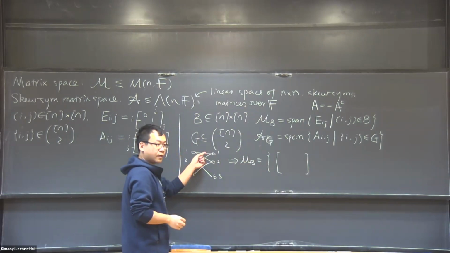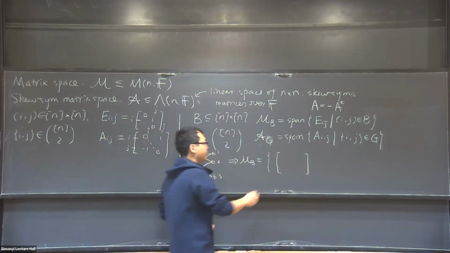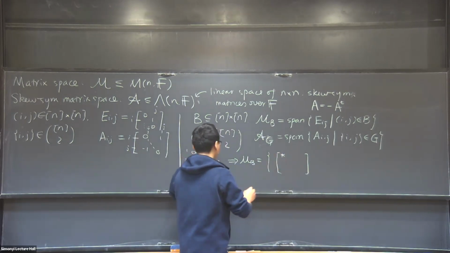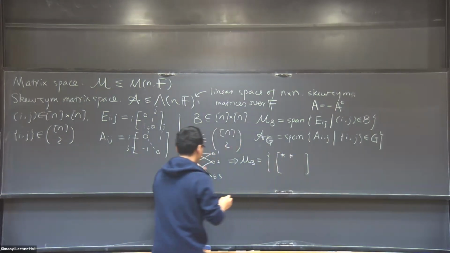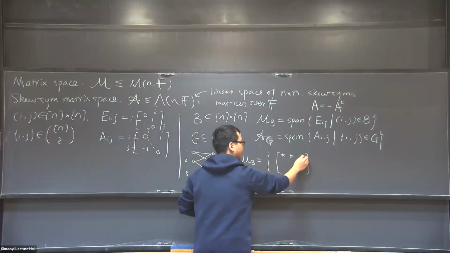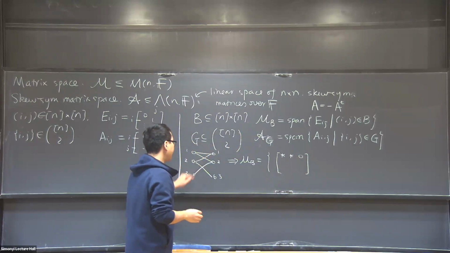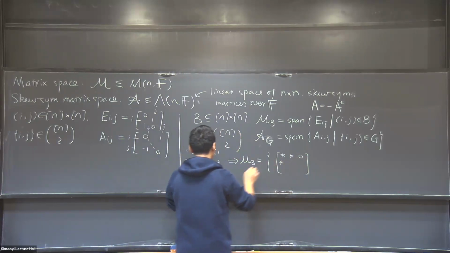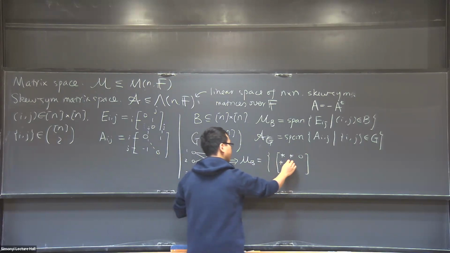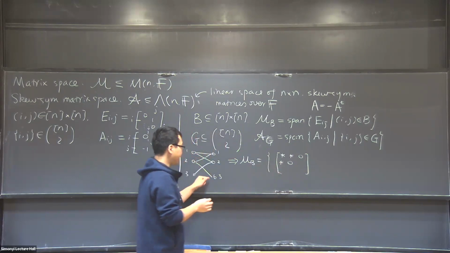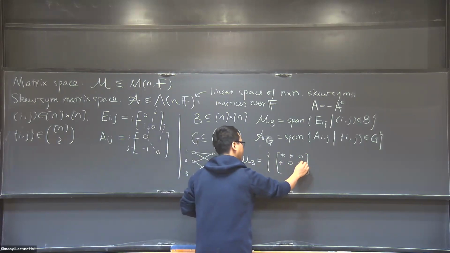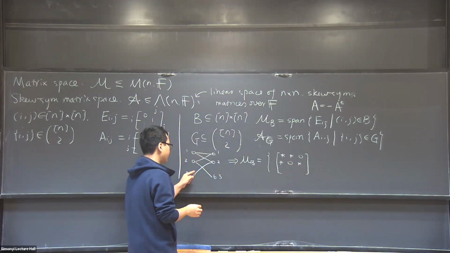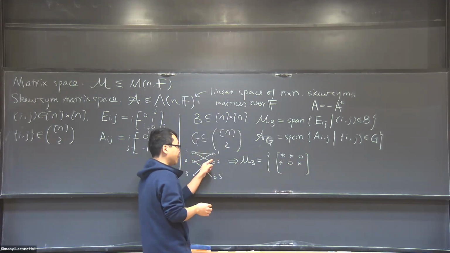If it's the 1,1 position, then you can put an arbitrary entry here. 1,2 arbitrary, 1,3 no edge, so it's 0. Similarly 2,1, 2,2 is 0, and 2,3 has an edge, so arbitrary. For 3, there will be 3 mapped to 2.